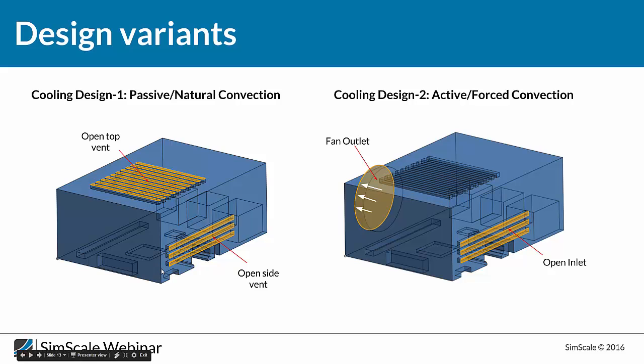The second variant is forced convection, wherein we introduce a fan to the same case, and we only consider one set of inlets. I say these are inlets because we assume air goes in through this and comes out through the other end. But in this case, we do not define inlet or outlet. We just say air could go in and out through the same faces. We will see this in detail during the live demonstration.